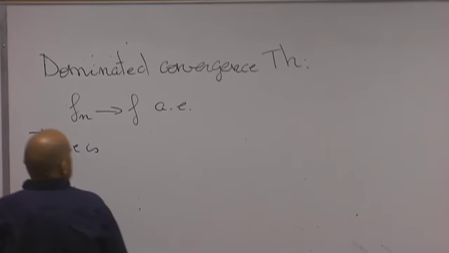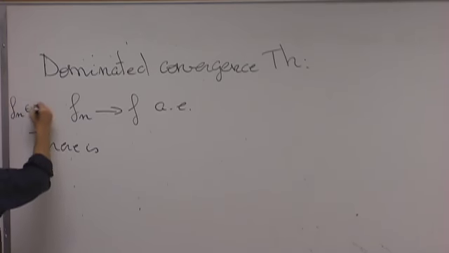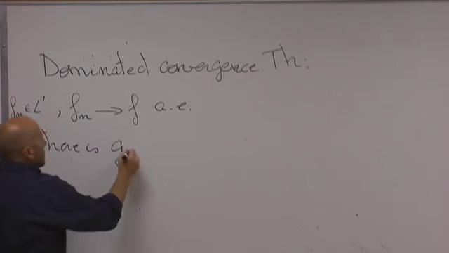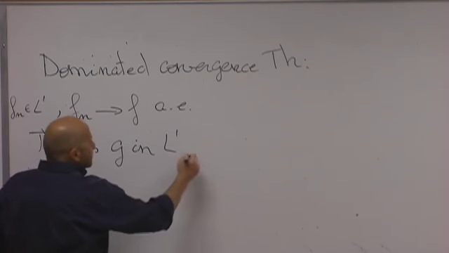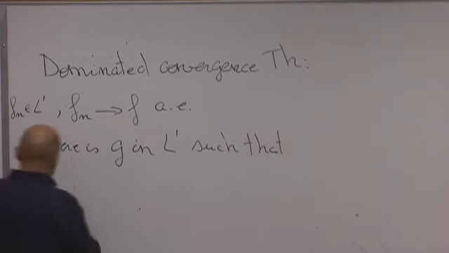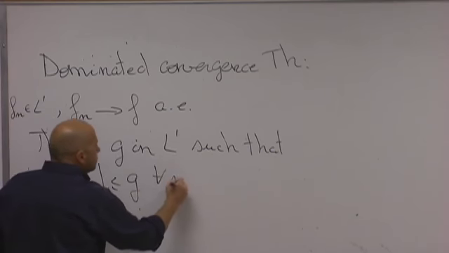So we have a sequence Fn in L1. And Fn converges to f almost everywhere. There is g in L1 such that the absolute value of Fn is less than g for every n.